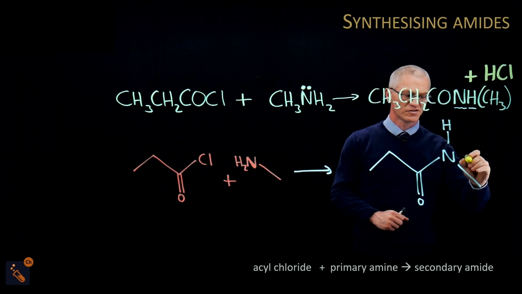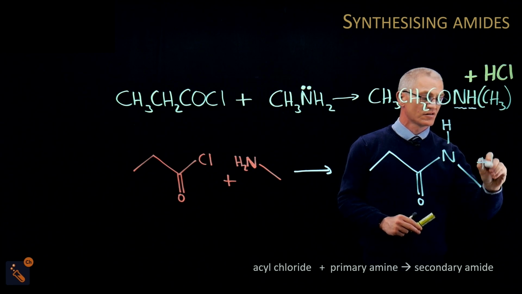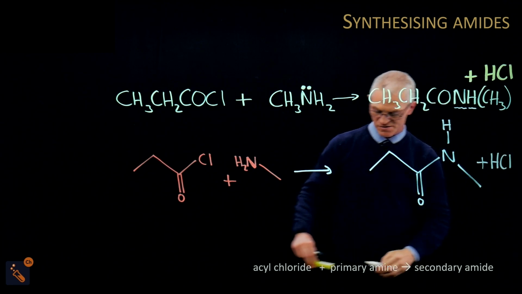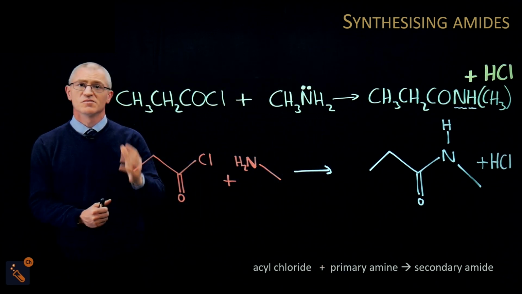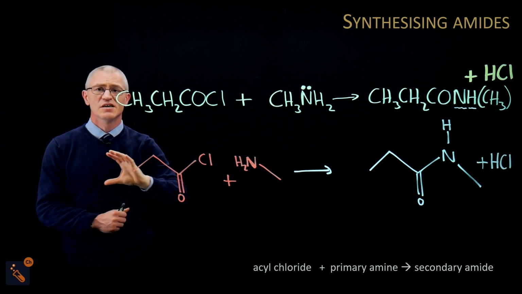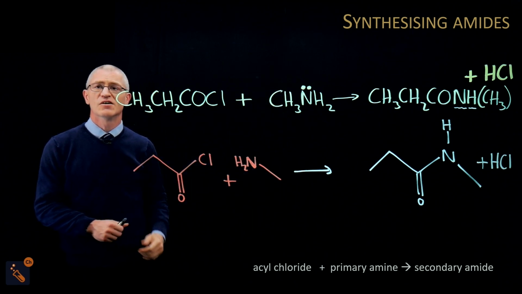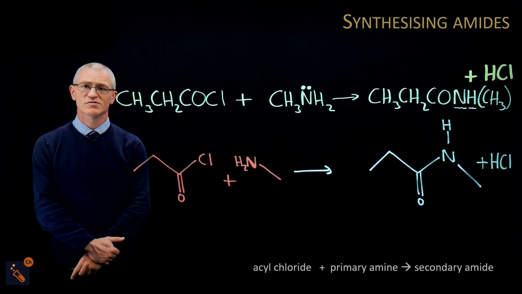And of course, underneath here, we'll also have plus HCl. So we have structural formula written out if you need to do it, and then the skeletal formula written out, and that is how you synthesize a secondary amide from an acyl chloride and a primary amine.